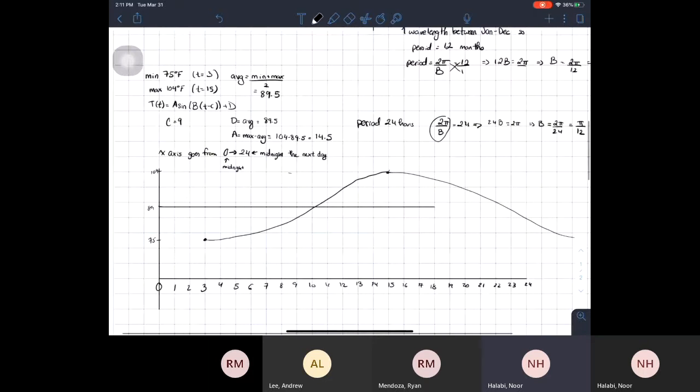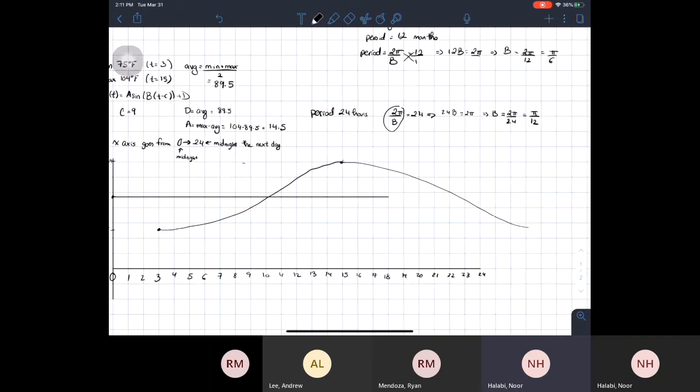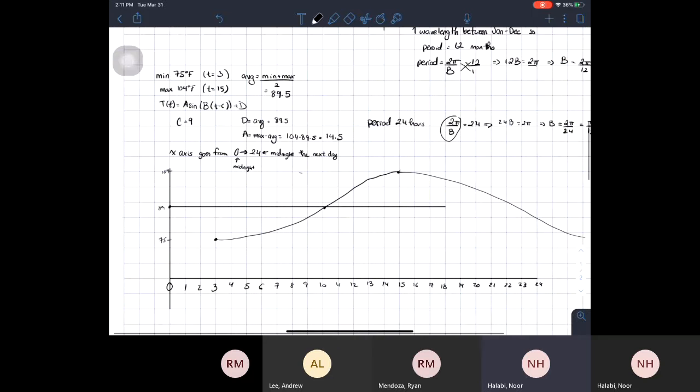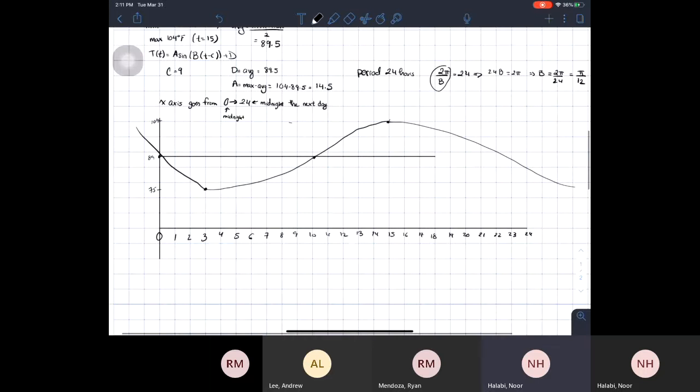Here I don't know what the temperature is at this point, or at 0. I do know it here, right? Also, here it's not going to be exactly at 0. It's going to be somewhere like that, and it's going to keep going before it hits another, what is it called? Vertex. There you go. I forgot the word.